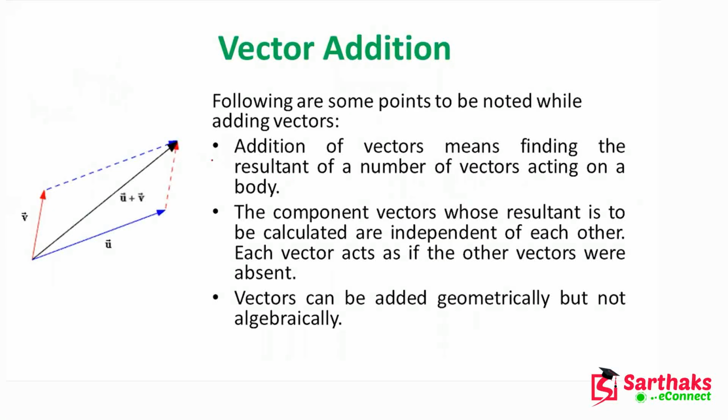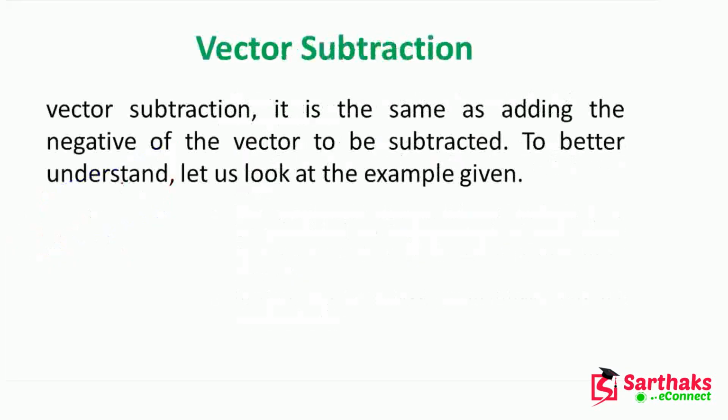Here also is the trapezium rule that I have told you. Suppose you have some u vector here and some v vector here. So what will be u plus v? This is the diagonal of this trapezium, right? So this is the vector addition.